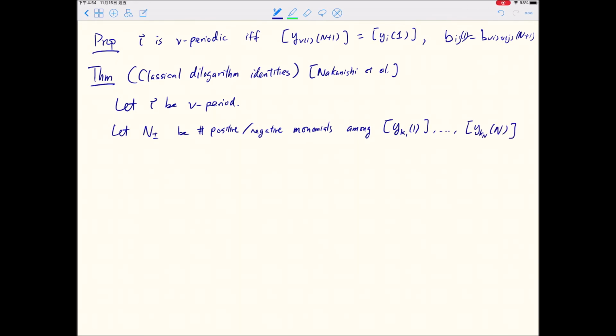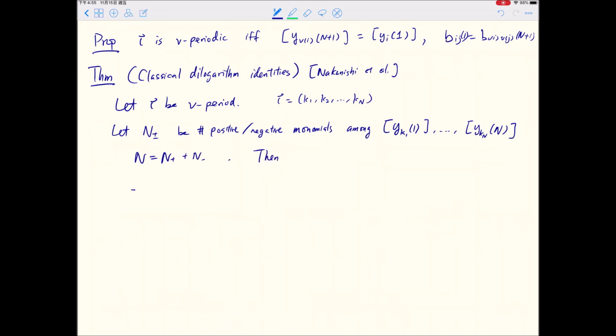So for the first seed we take k1, for the second seed we take k2, and so on, where k is the mutation sequence we have. So we successively take the corresponding index in the corresponding seed. There are n of them, so we count the number of positive and negative monomials, and of course they sum up to n.